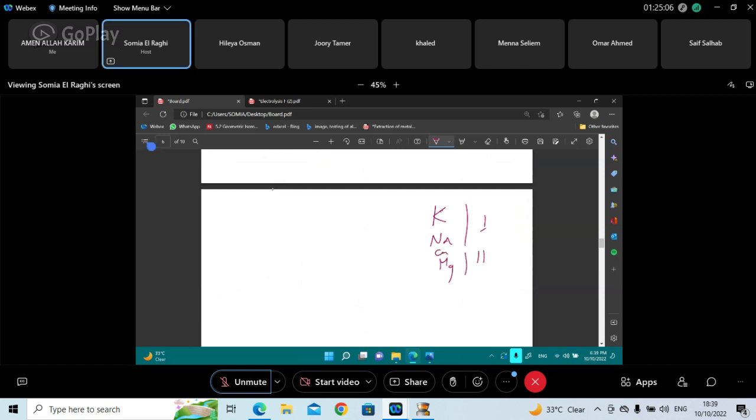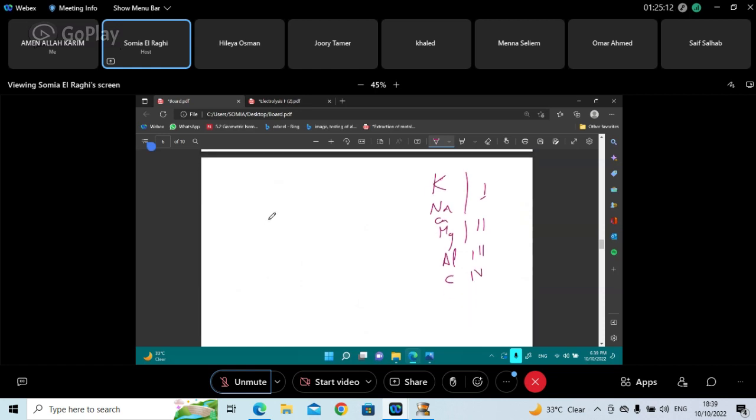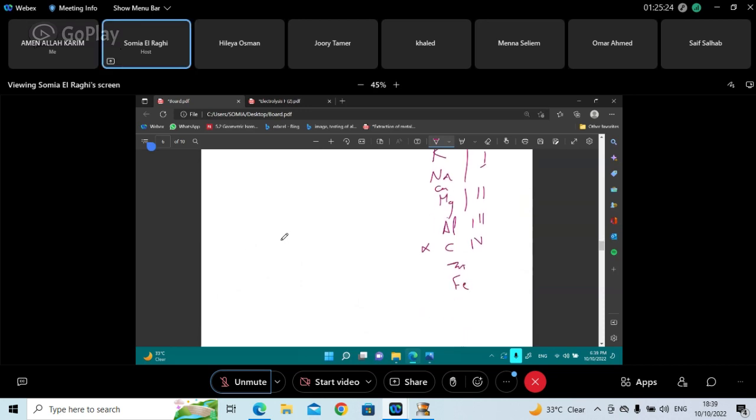Group number 2, aluminium, group number 3, and carbon, group number 4, right? Even if you ignore the carbon as a non-metal, and then we have zinc with iron. We understand that zinc is more reactive. We saw that in the sacrificial protection. All right? And under hydrogen, we have copper with silver.